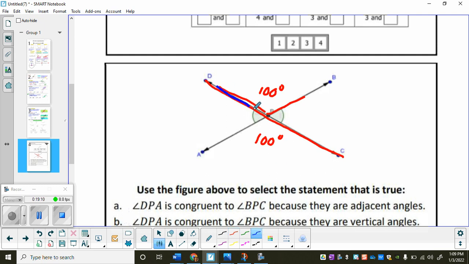And since this one right here and this one right here form a straight line, I know that this has to be the 80-degree angle. And I can also prove that this is 80 because vertical angles are congruent. You can see I even have the little bow tie looking thing here in the problem for you. So those have to be the same, and then these also have to be the same. And if you really look at this all the way through, I'm making a circle. If you add up the 180 and the 180, that's going to be the 360 total.